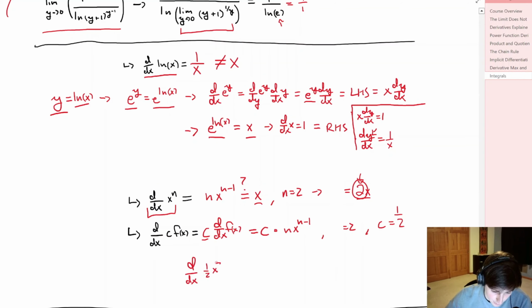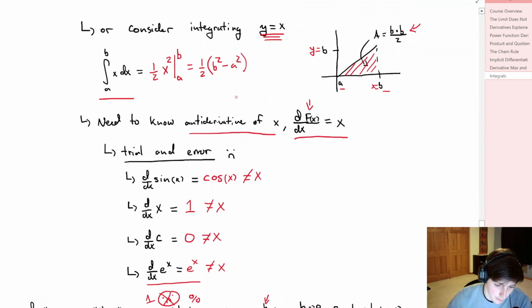And scrolling up just to fit everything on screen, we know on the interval that we were looking at, we could say that a is equal to 0 because we are starting right here at the origin, and comparing that to what we calculated for the area, we have a matching term, so we know that our integration worked.